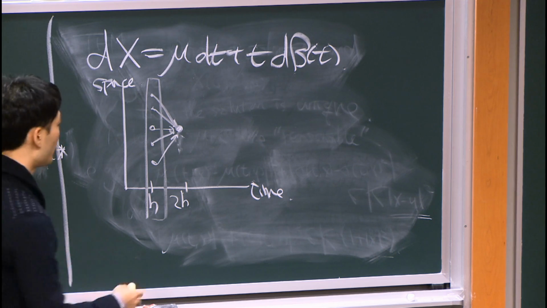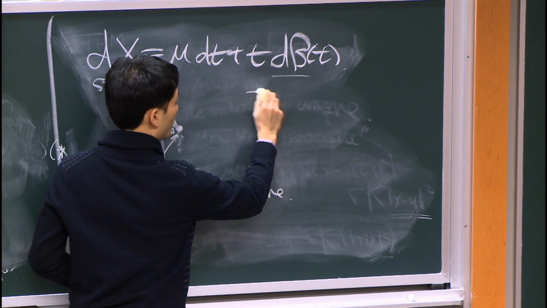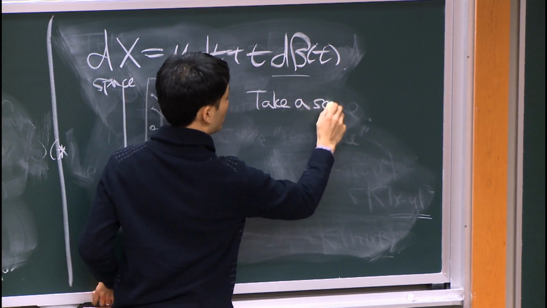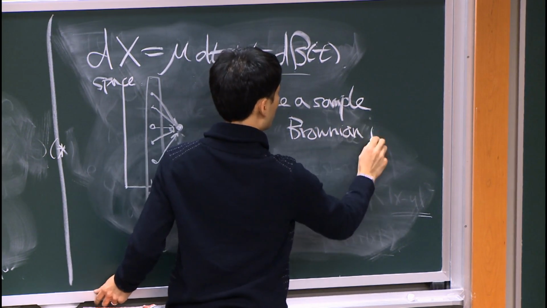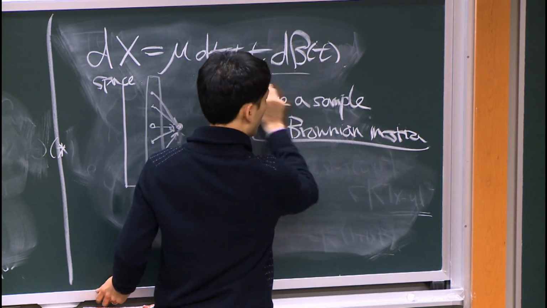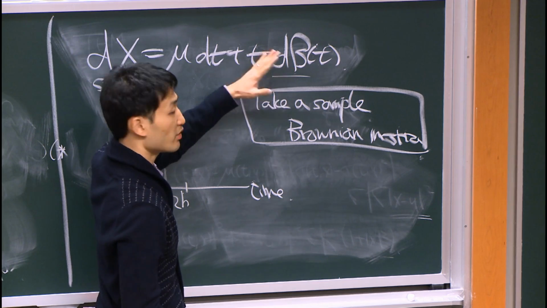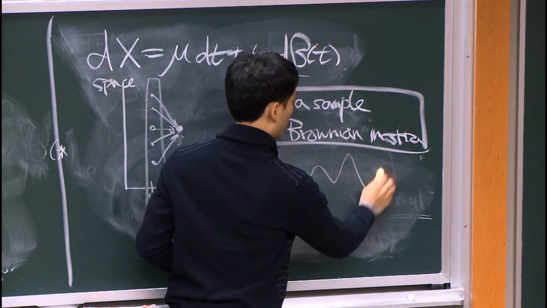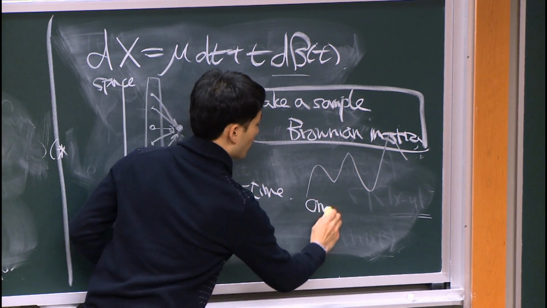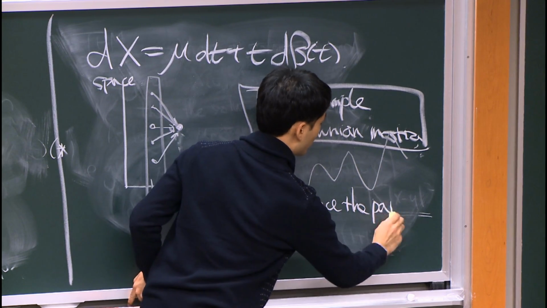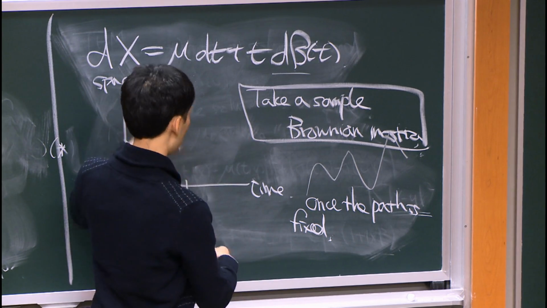So, yeah, what I'm trying to say is, now, if you want to adapt this method, what you're going to do is take a sample Brownian motion path, that means just according to the distribution of the Brownian motion, take one path and use that path. Once we fix a path, we can exactly know where each value comes from.